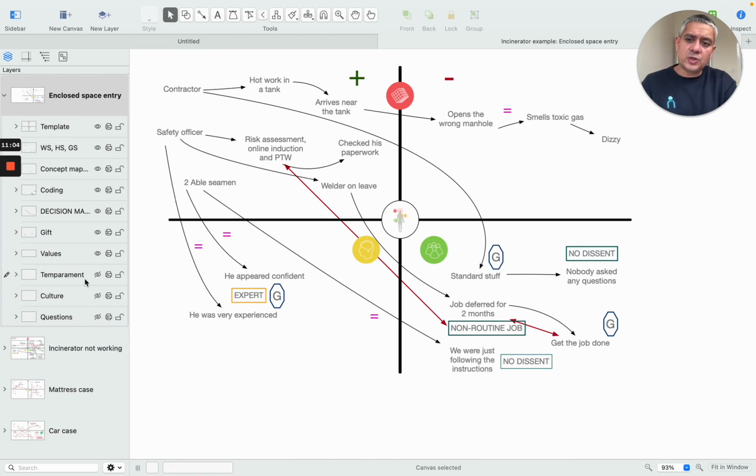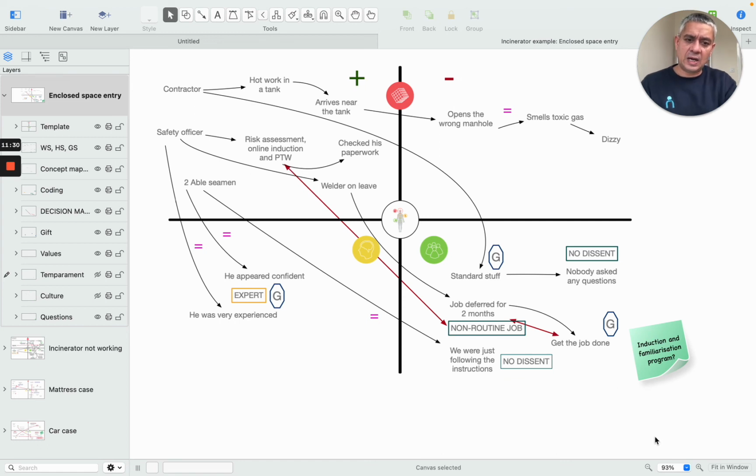I'm not going to go into temperament and culture because that's the advanced level of iCue, but let's see what is the end result of this investigation. The end result of this investigation is that an induction and familiarization program has led to a situation where a contractor comes on board from a different culture. He is just allowed to get on with his work. He's been asked no questions. He's been given no specific induction.